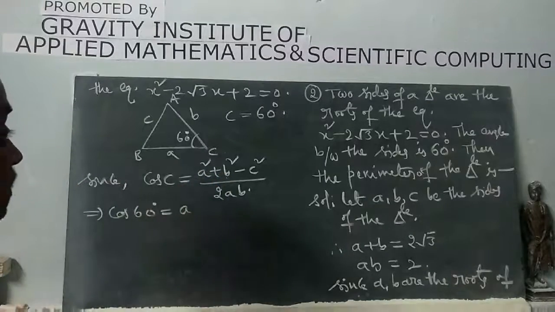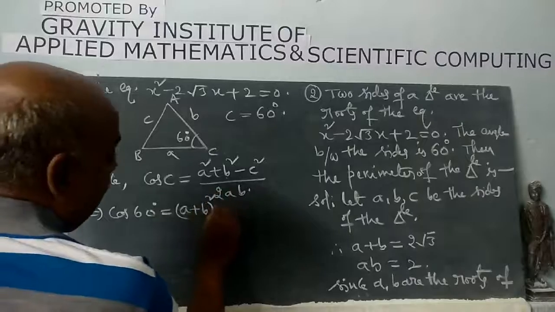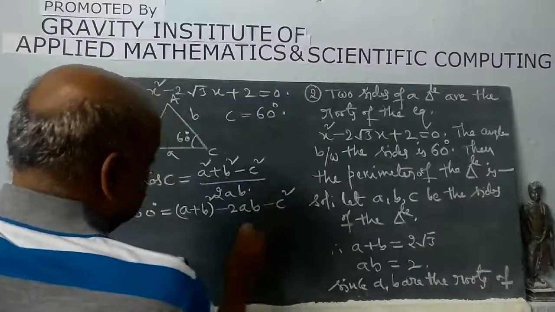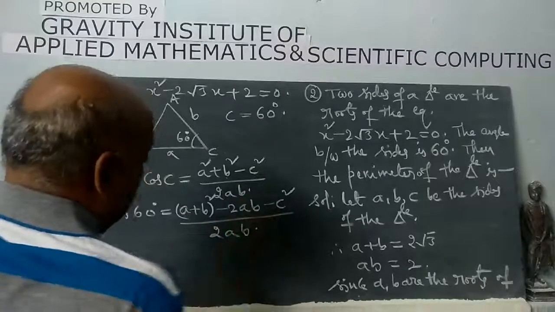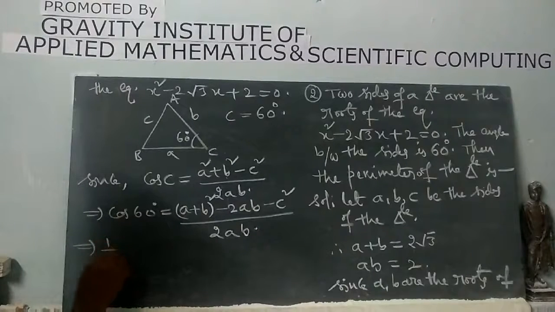Writing a square plus b square in the form of a plus b whole square minus 2ab, minus c square by 2ab. So cos 60 value is 1 by 2.